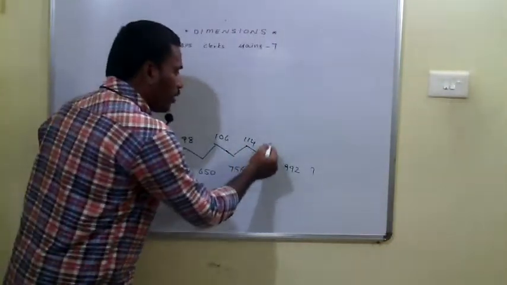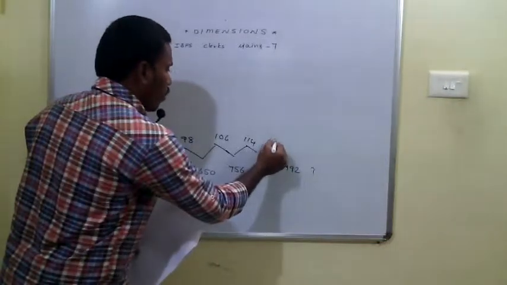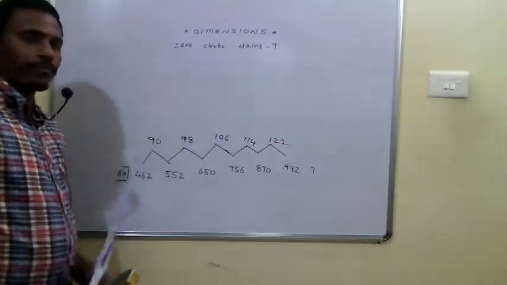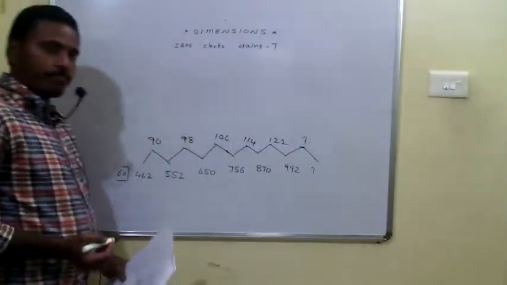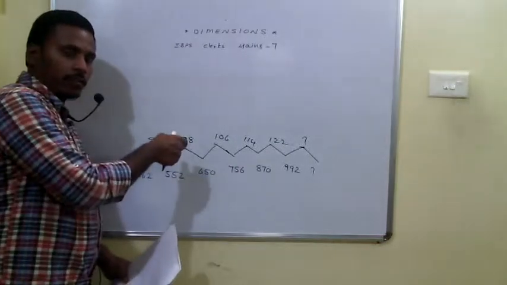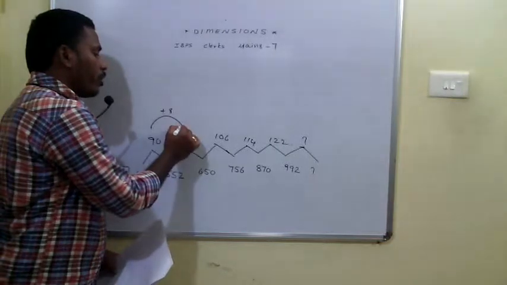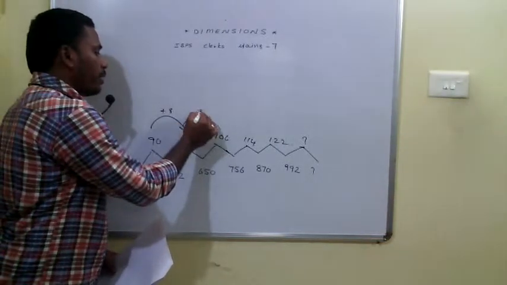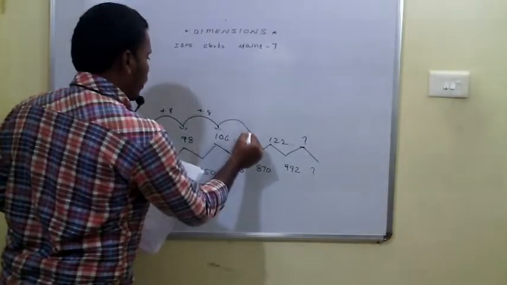And coming to here, what is the difference? 122 is the difference. So to identify the next term, we need to observe the first differences of the series. Now 90 plus 8 is 98, 98 plus 8 is 106 and then 106 plus 8 is 114.